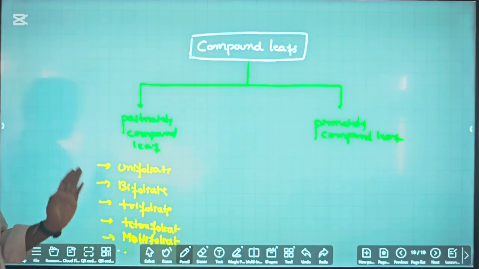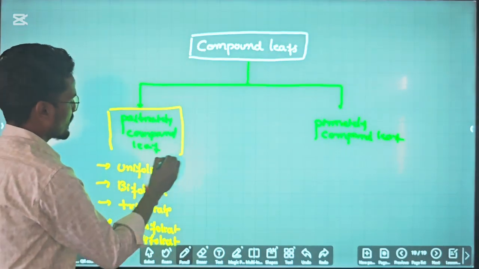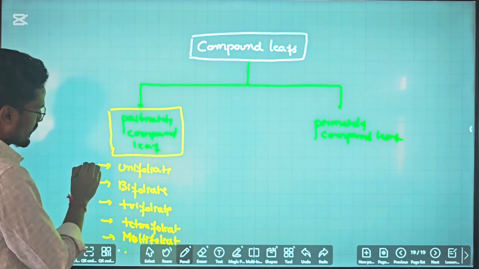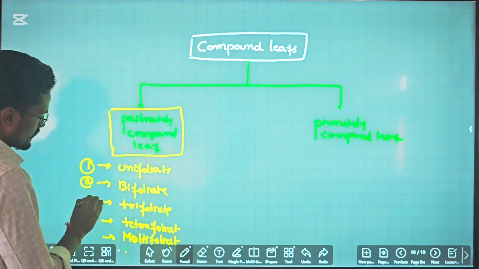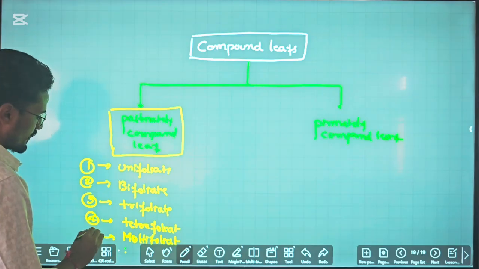So in the palmately compound leaf there are five types: 1, 2, 3, 4, and 5.